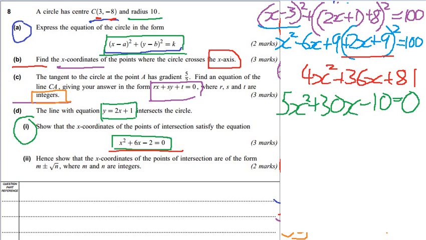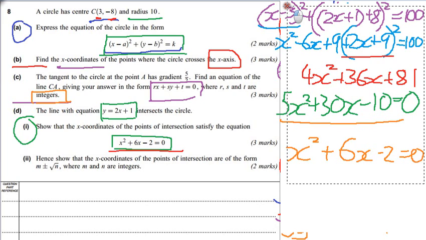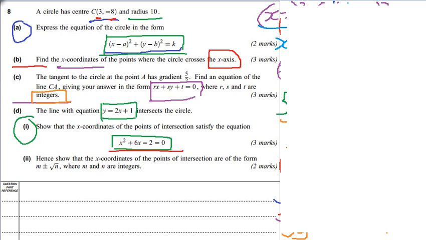We can divide everything by 5, and lo and behold, we do get x squared plus 6x minus 2 equals 0. Just like they said.